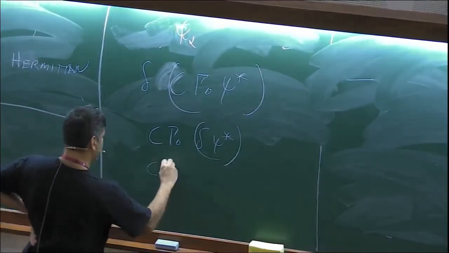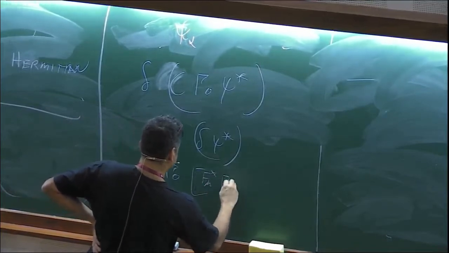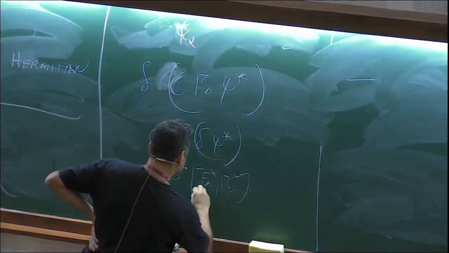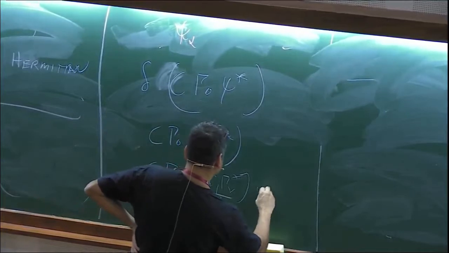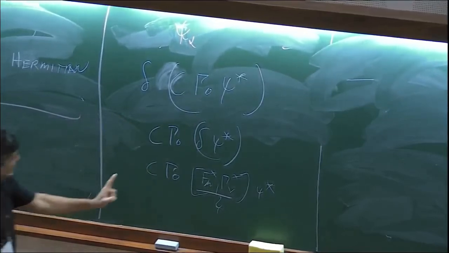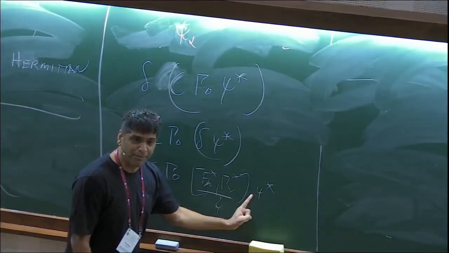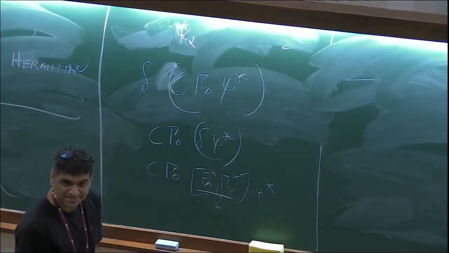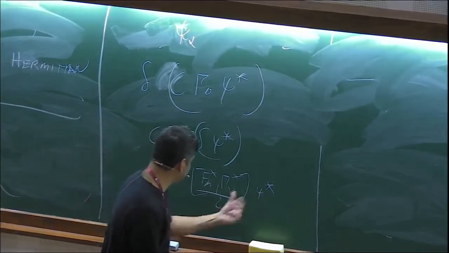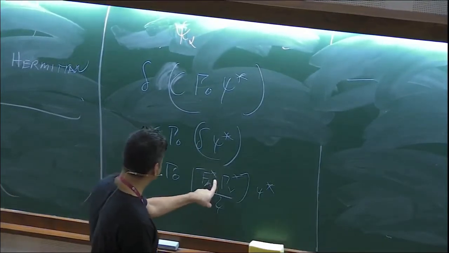So that is C gamma 0 gamma mu star gamma nu star by 4 psi star. Is this clear? But taking gamma 0 through this, up to a minus sign, turns this into the dagger.